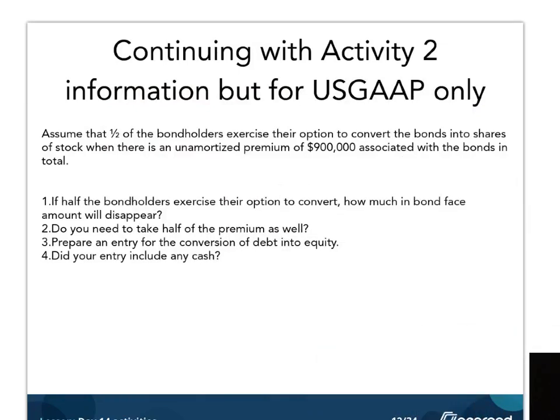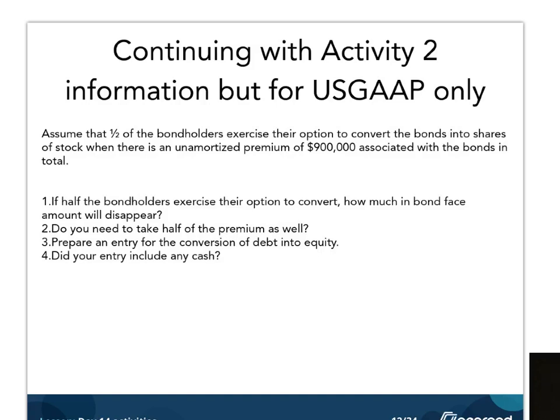So now we're thinking about information from activity 2 continuing. Now we're looking at the situation where the bondholders actually exercise their option. And here, I'm assuming that half of the bondholders exercise their option to convert.